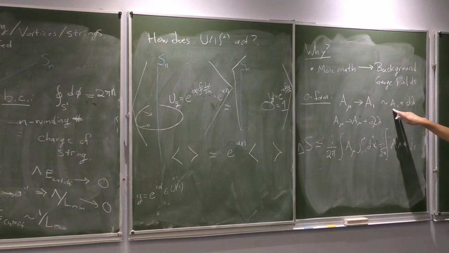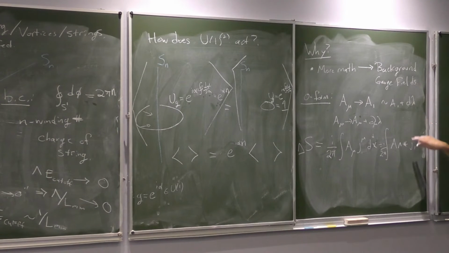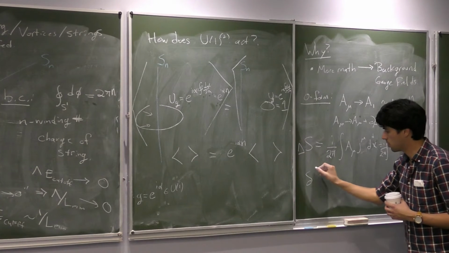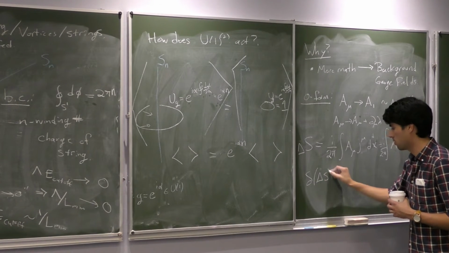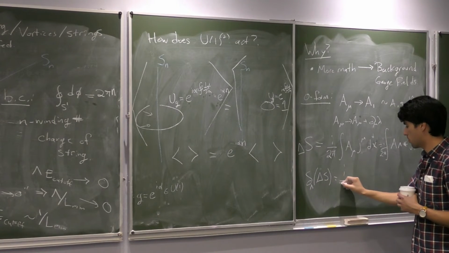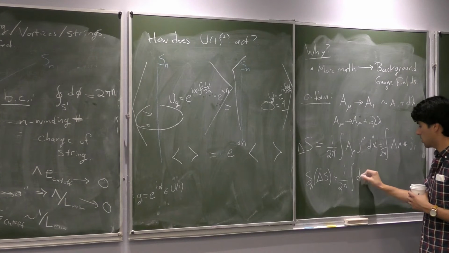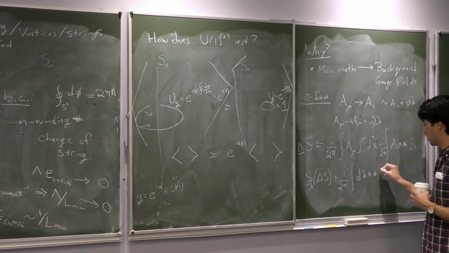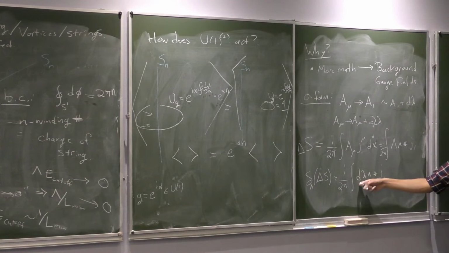And then again, because of this variation, this is invariant under this background gauge variation. So delta S under delta lambda is going to be I over 2 pi integral d lambda wedge star J1. And what you can do is try to invert Gauss's law, Stokes' theorem, to pull the derivative from here to here.